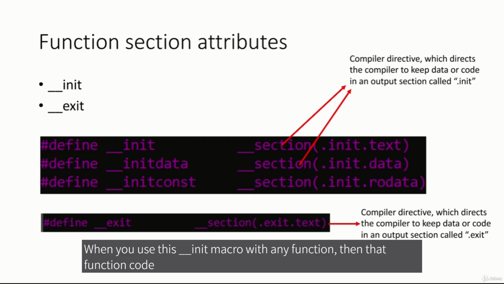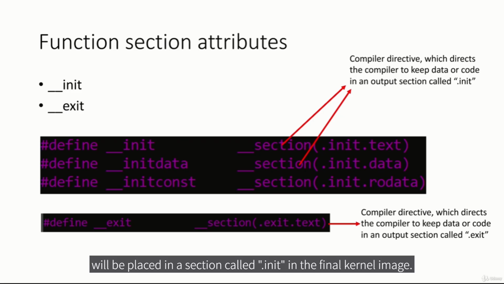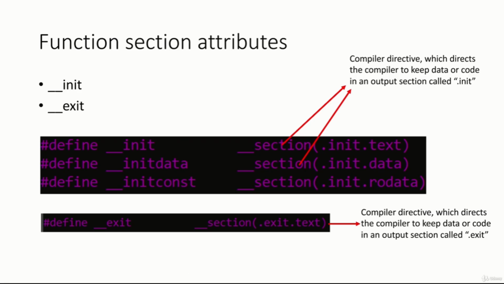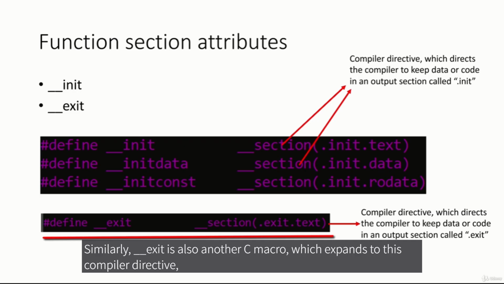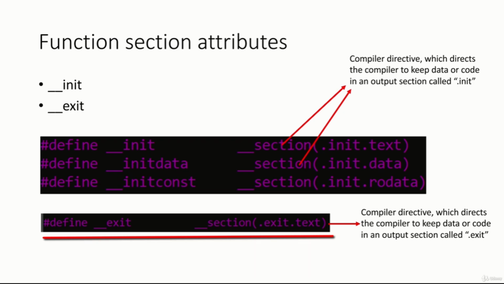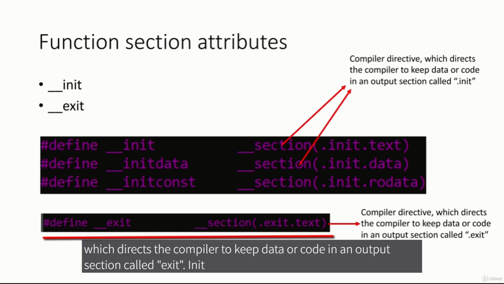When you use this __init macro with any function, then that function code will be placed in a section called .init in the final kernel image. That's the meaning of that. Similarly, __exit is also another C macro which expands to a compiler directive, which directs the compiler to keep data or code in an output section called exit.